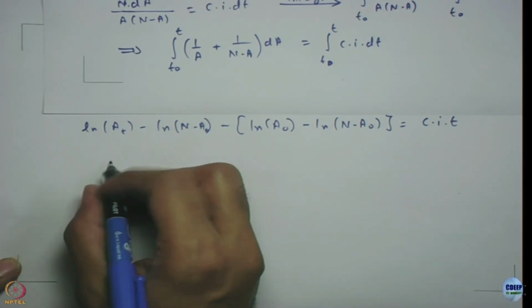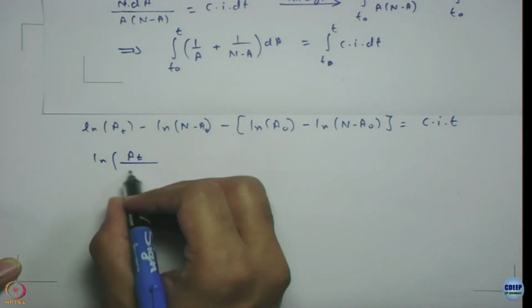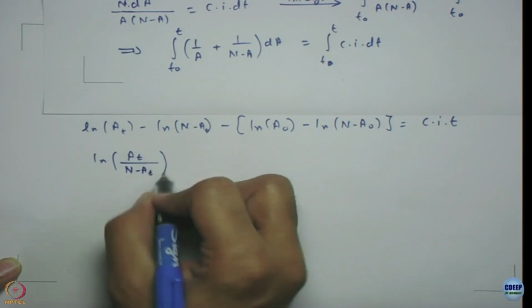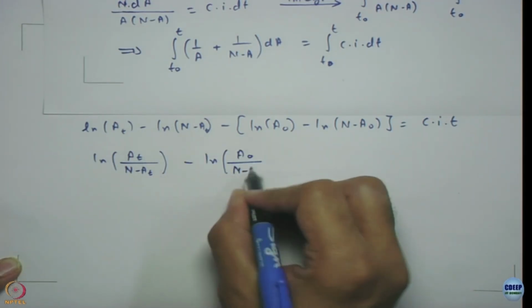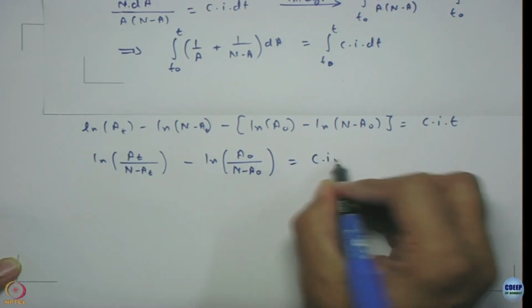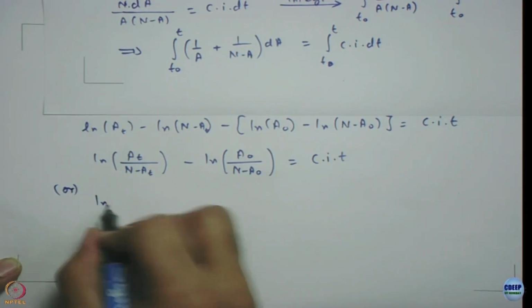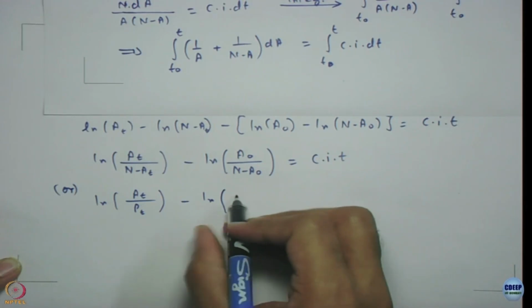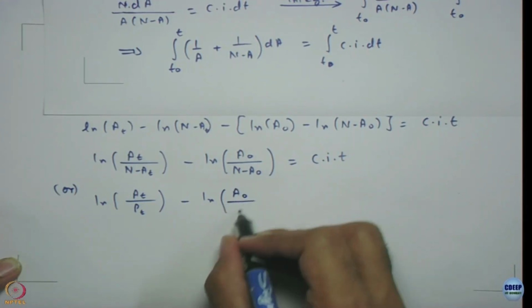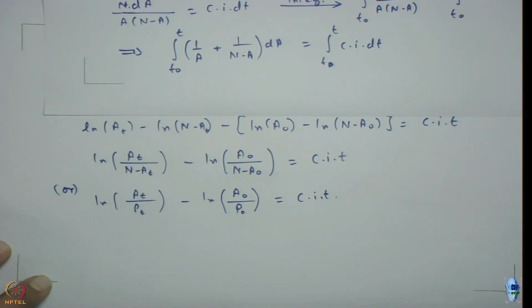So, this can be rewritten as log of AT by N minus AT minus log of A naught by N minus A naught equal to C into I into T, or log of AT by PT minus log of A naught by P naught equal to C into I into T. Let us call it equation 2.